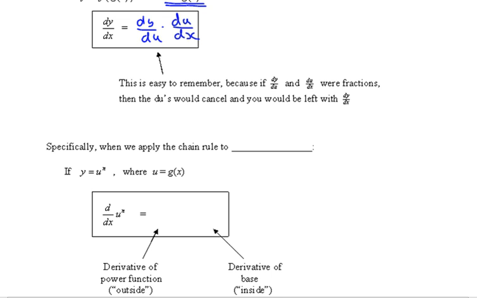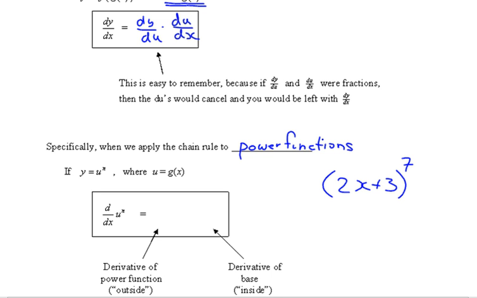And specifically, if we were to apply the chain rule to power functions, what would the power rule look like if we were doing a u, which was a composed function, as opposed to just f of x? If we're doing the derivative of u to the n, some function to the n, and by that we mean, let's say, (2x plus 3) to the 7th power, where it isn't just x to the 7th, it's some function to the 7th.